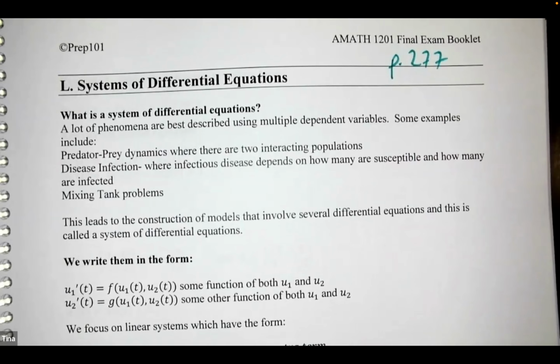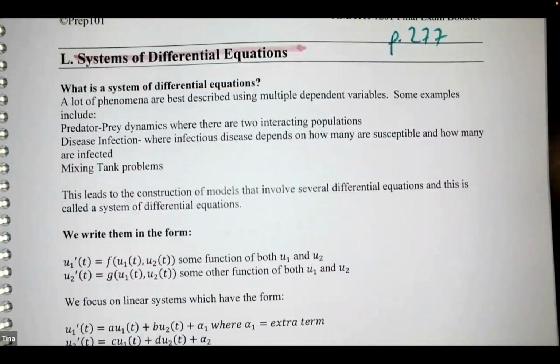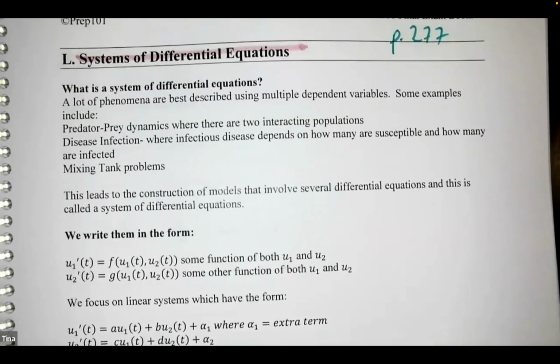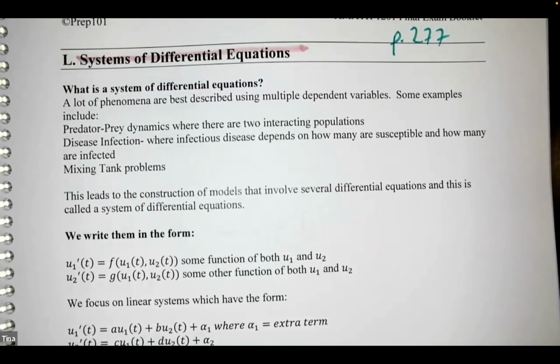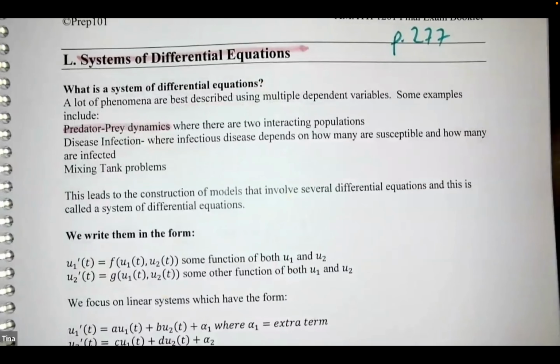So this is on systems of differential equations. So it's not recursion anymore. They used to talk about predator-prey questions, but they didn't talk about that this term. But that's one of the many phenomena that we can do with differential equation systems.